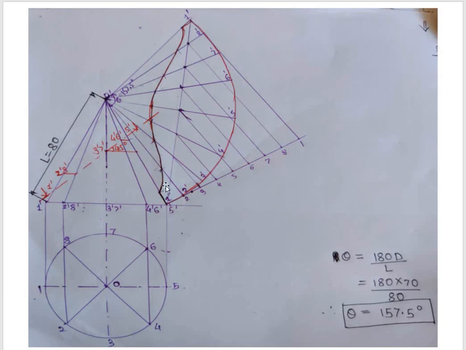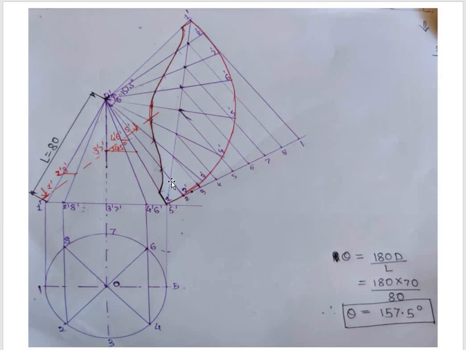Join these two points, and after joining, make a horizontal line which is tangent to this sector. Make a tangent line and divide this line into 8 equal parts: 1, 2, 3, 4, and again 1. After dividing this line into 8 equal parts, join the last point 1' to this 1' point, and likewise with the help of the roller or drafter, make 8 equal parallel lines up to this line.